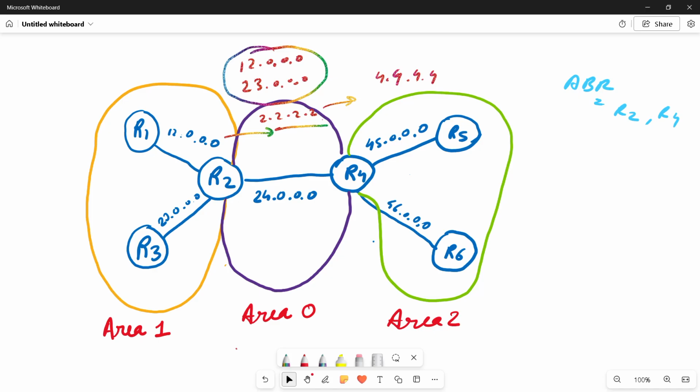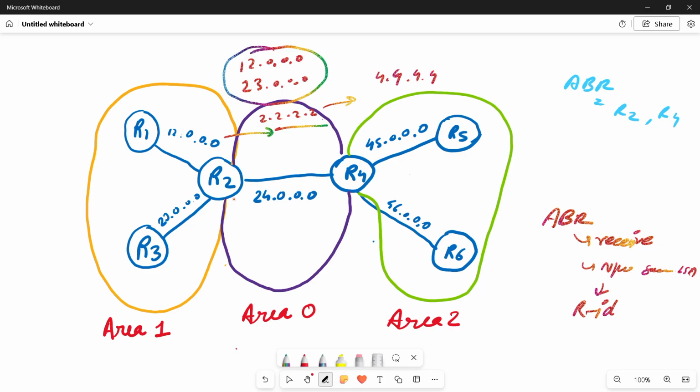The rule says that whenever an ABR receives a network summary LSA, before forwarding it to the corresponding area, it changes the router ID to its own.